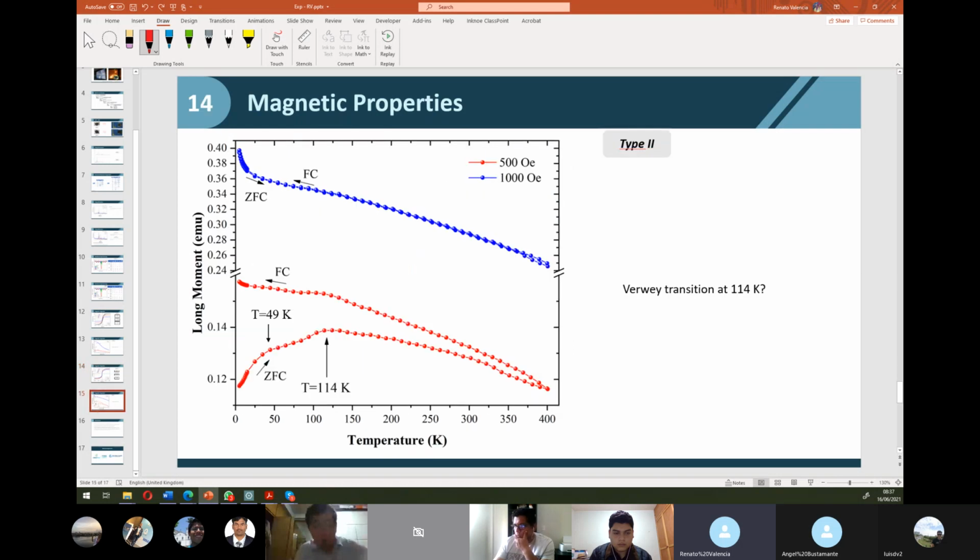And in magnetic moment versus temperature, we have two transitions that I need more information about. But the transition at about 114 Kelvin could be a Verwey transition of magnetite. This is about the magnetic properties of sample type 1 and type 2.